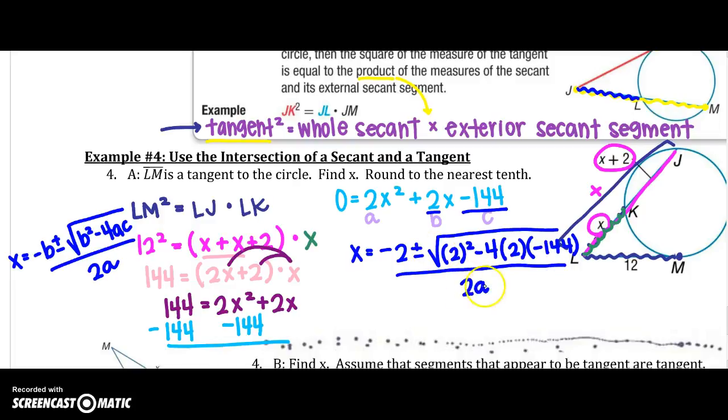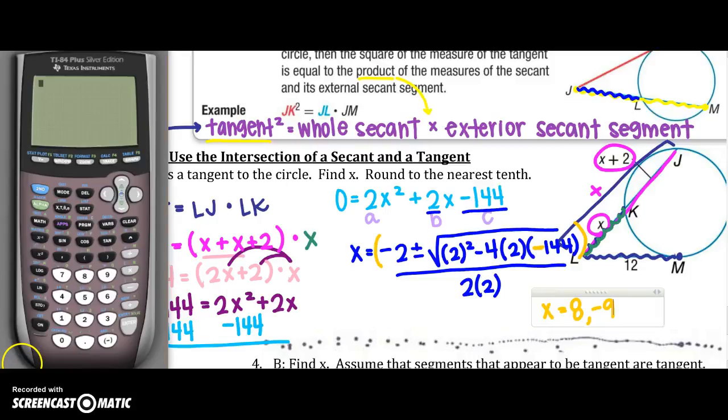And a would be 2 in this case. Alright, so I'm going to punch all of that into my calculator right there. Make sure you're using that subtraction or that negative sign. I'm going to push enter, and then I'm going to divide by 4. So x becomes 8 and negative 9.